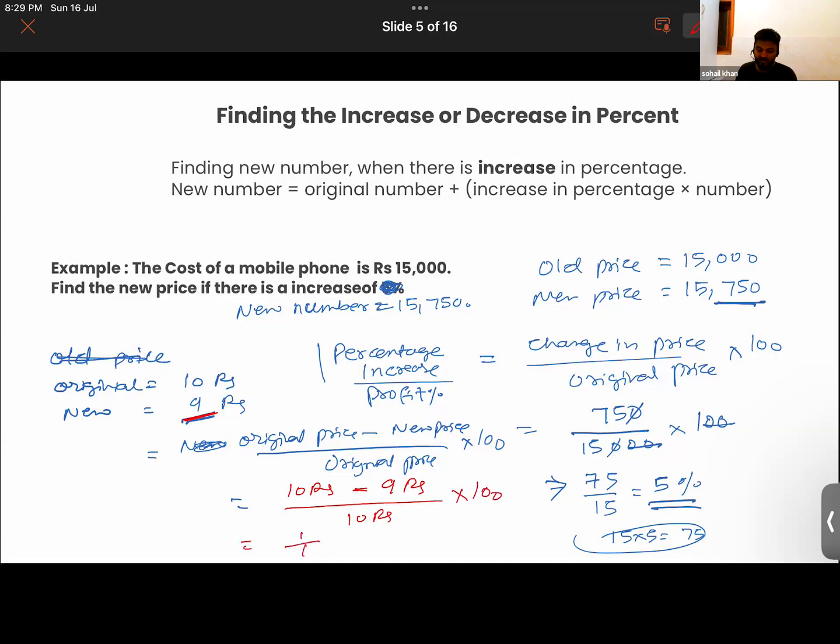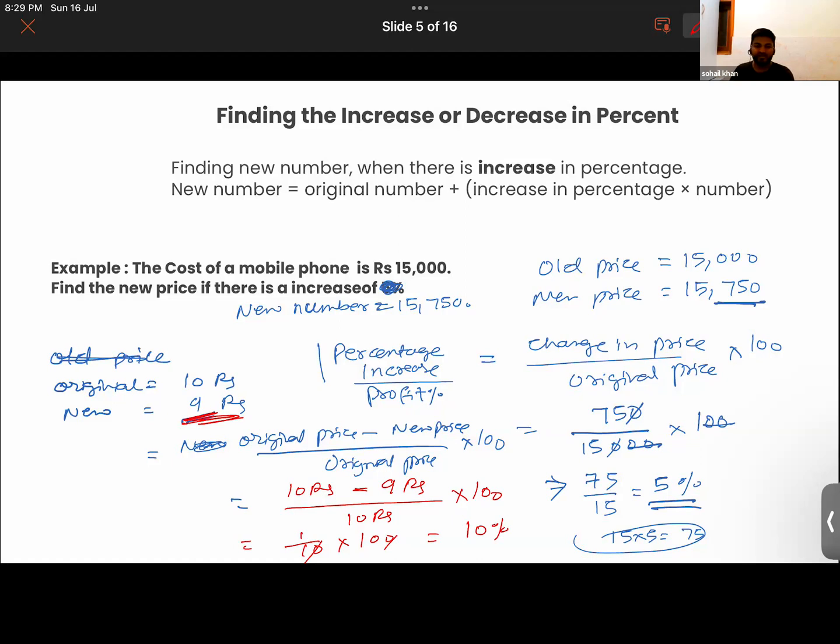So that is 1 upon 10 multiplied by 100. Okay, so 10 cancels. That is 10% here. So the person is incurring a loss of 10%. He's having a loss of 10% if he sells the pencil at a cost of 9 rupees instead of 10 rupees.